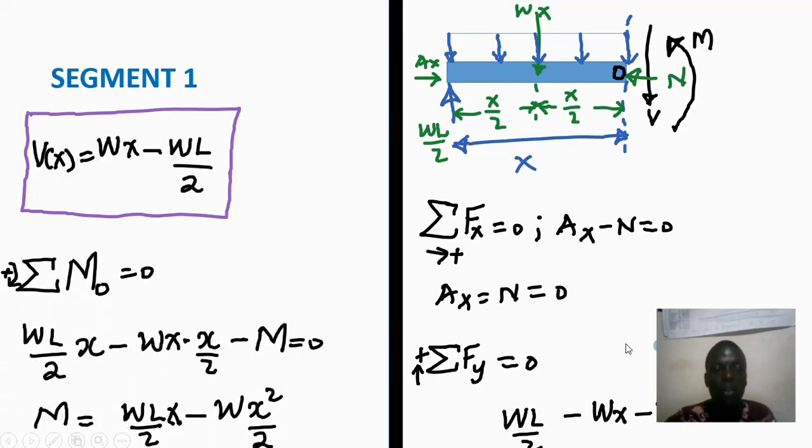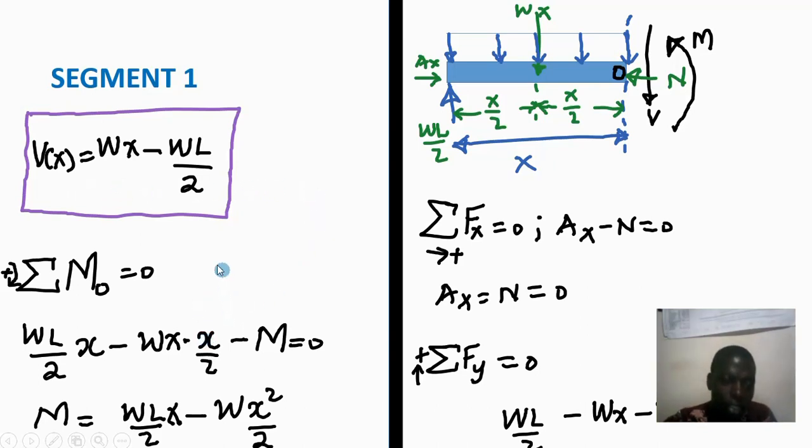So we get our shear force as Wx minus WL out of 2, and this is the equation that gives us the variation of shear force as you move away from point A to point B, since of course you will be changing the distance x.